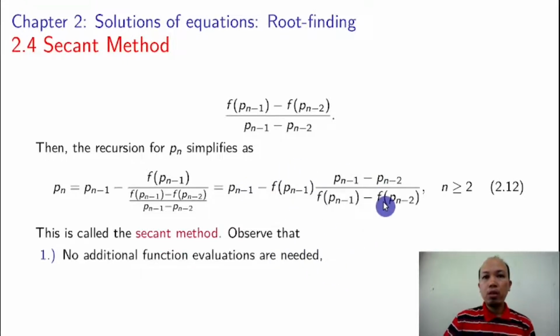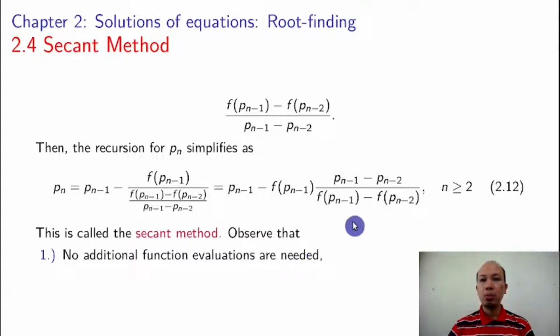So what we observe here is that the new recursion formula for the second method doesn't require the first derivative, so no additional function evaluations are needed.